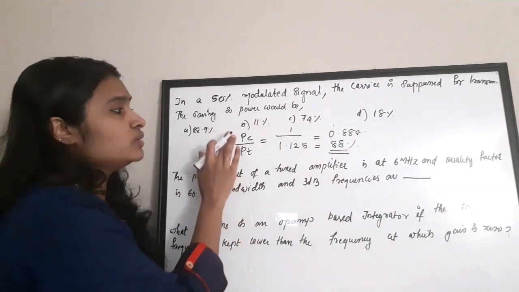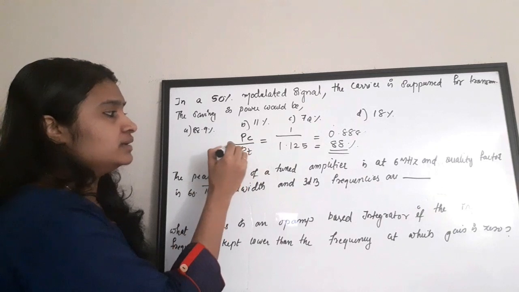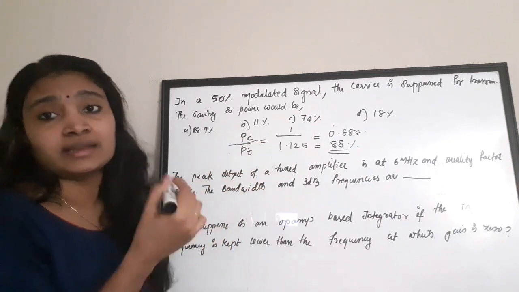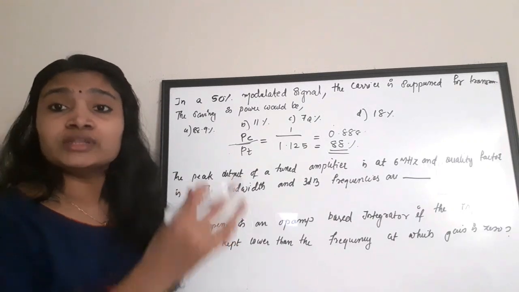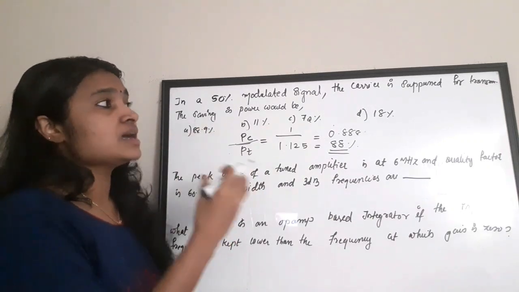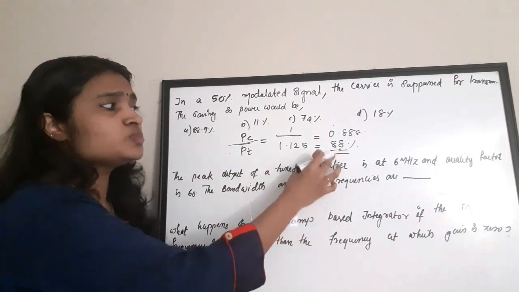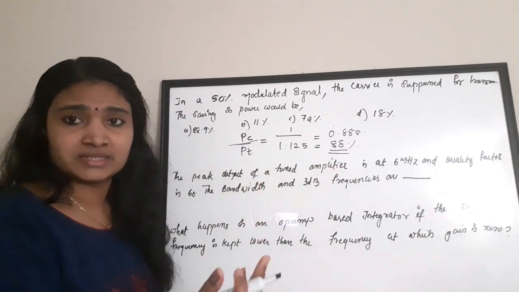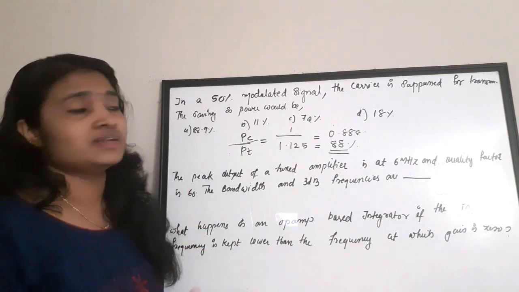If you take the ratio PC by PT, you are finding out of the total power PT how much is contributed by the carrier. It is 88%. Now in the question it is asked, how much power is saved if the carrier is suppressed? This much power will be saved, because out of the total power, this much is contributed by PC, and if it is removed, this much power is saved. Very simple.